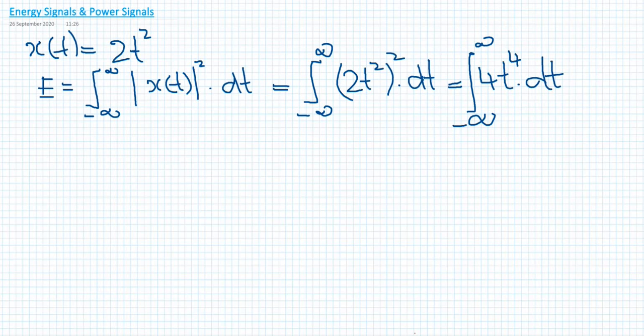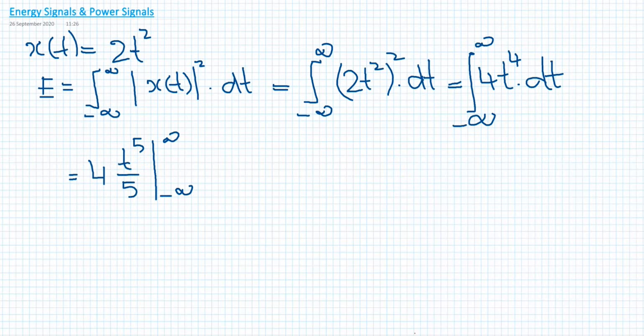Now it's a straightforward integration. We take 4 outside the integration, and the integration of t power 4 is t power 5 divided by 5. So it will be 4 times t power 5 divided by 5, and my integration is between minus infinity and infinity.